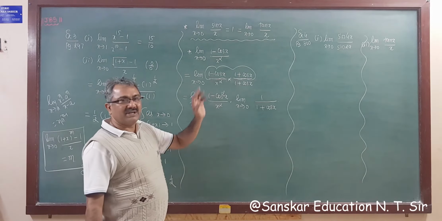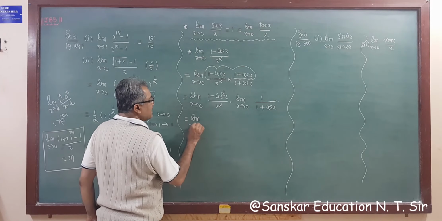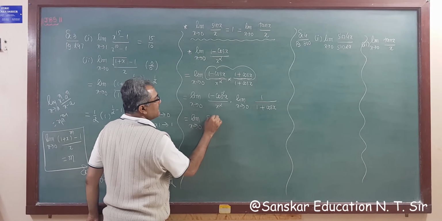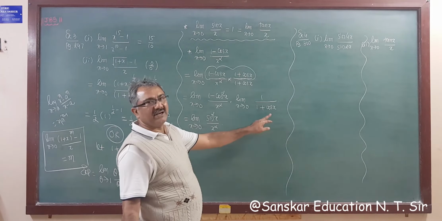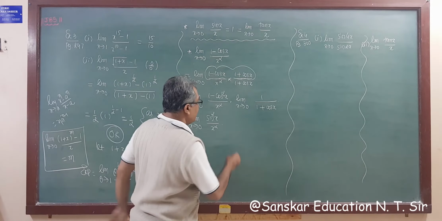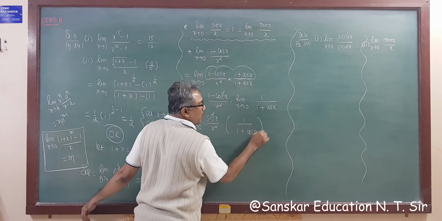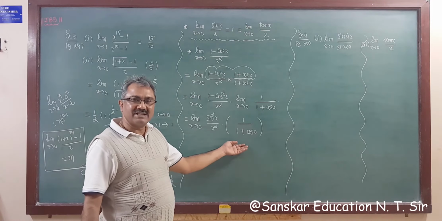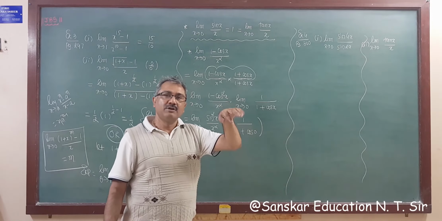Now 1 minus cos square x is sin square x. So this is limit x tends to 0, sin square x whole upon x square, and giving this a separate limit. So substituting x equal to 0, you know cos 0 is 1, right? So writing the separate limit, 1 plus cos 0. This is the first question, so that's why I am writing it. Otherwise you can write 1 plus 1, or directly 2.